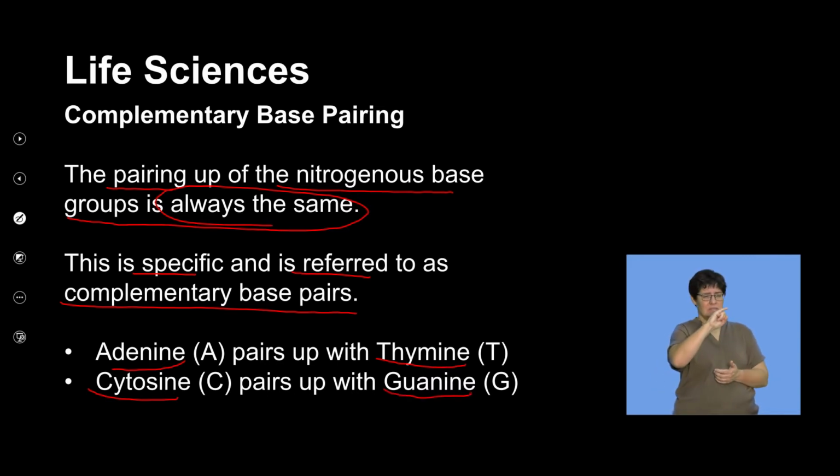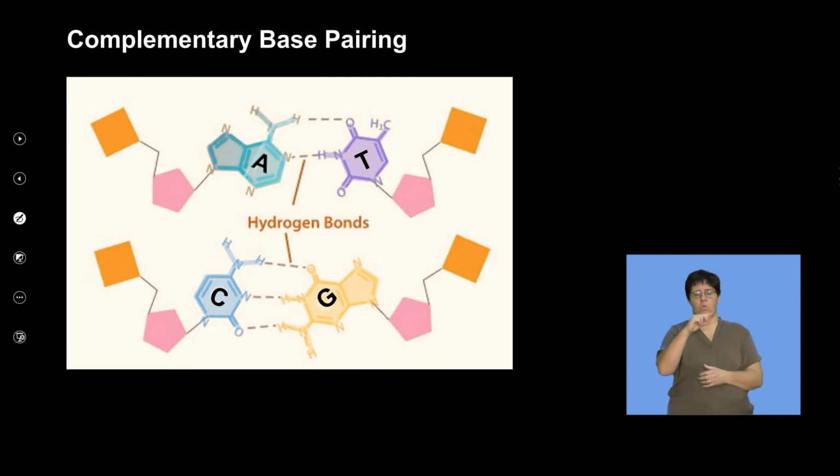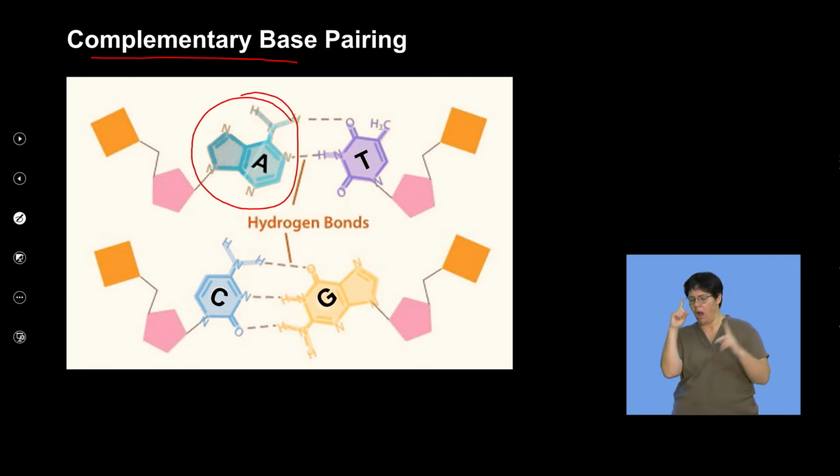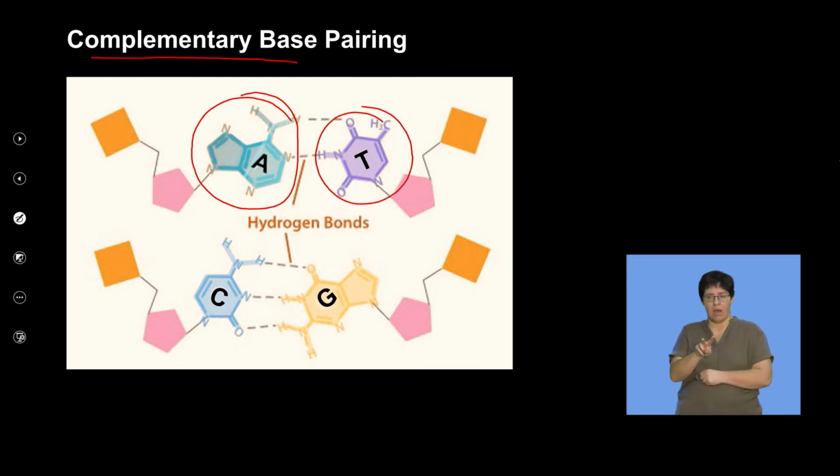Now let's try and understand that in the context of a diagram. Here's the chemical structure showing you complementary base pairs. What I need you to understand is that, yes, this is important in terms of understanding the complexity behind the chemical structure of adenine, but more especially than that, it's for us to understand that in any complementary base pair which we see here, there's always a purine and a pyrimidine base connected together.